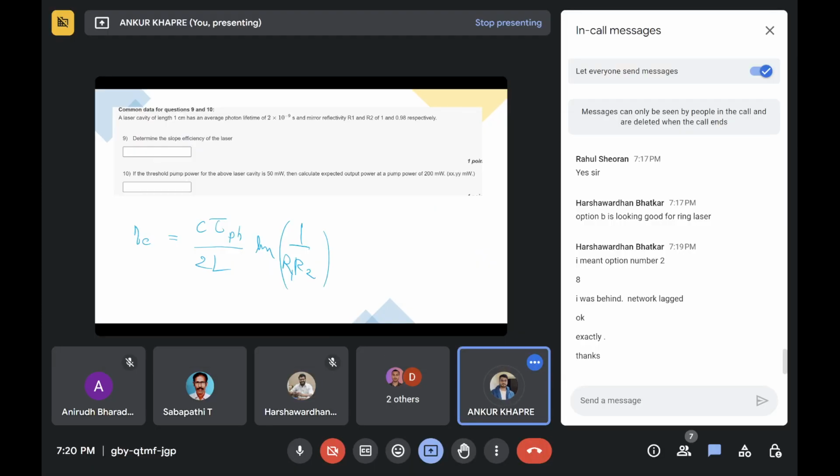Just solve this. Everything is given there. C is like speed of light. Tau is lifetime. L is given 1 centimeter. And R1 R2 is given already.